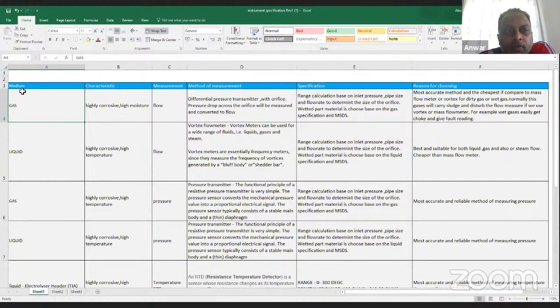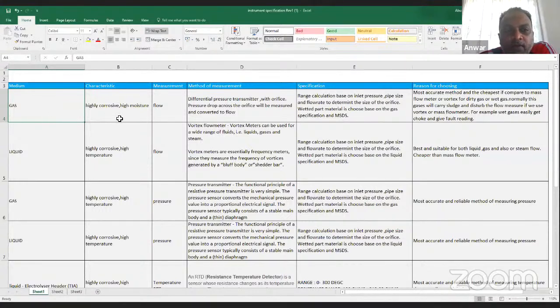Okay, so we will just define the characteristic, the medium, the measurement, what we are looking for, the method of measurement, and also the specification of the instrumentation, and the reason for choosing those. It's a bit simplified and not so technical. Therefore, we have an idea when we are going to design a process system. What are those things that we need to take into our consideration?